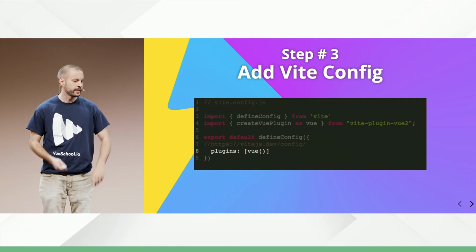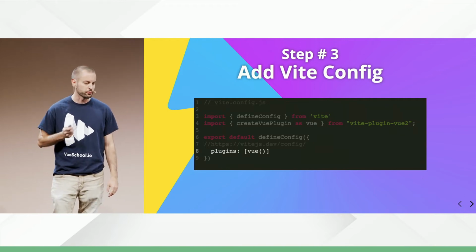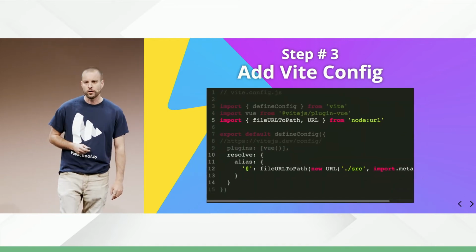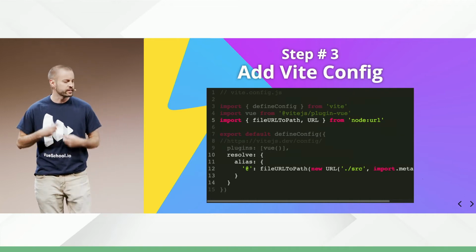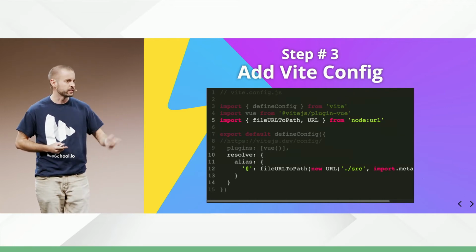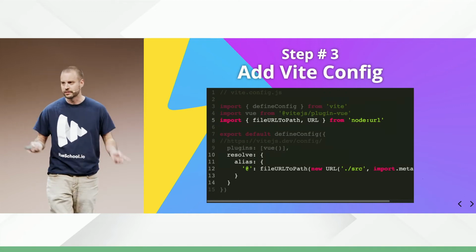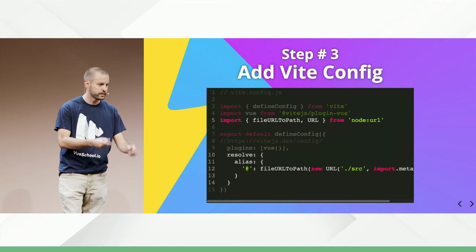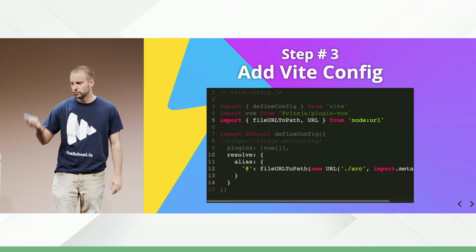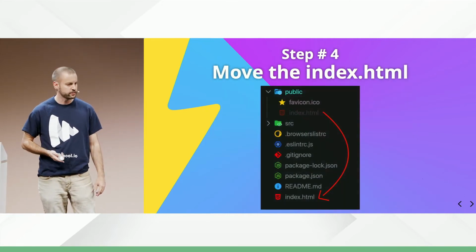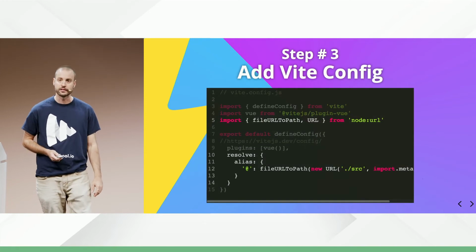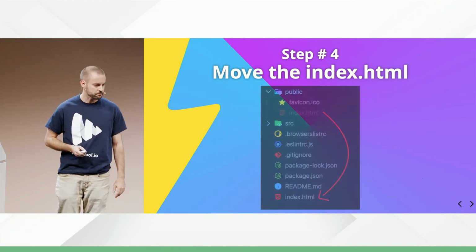And then on line 8, it's going to register the plugin. All right, we'll also need to reinstate the @ import alias that Vue CLI supported out of the box. Vite, once again, framework agnostic. This isn't a convention in other frameworks necessarily, so we have to support that this way. And that is, by the way, the resolve.alias configuration option.